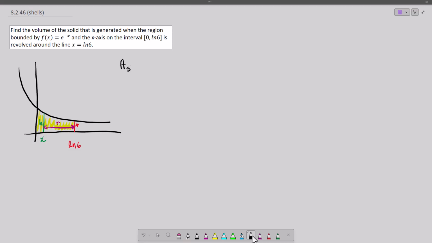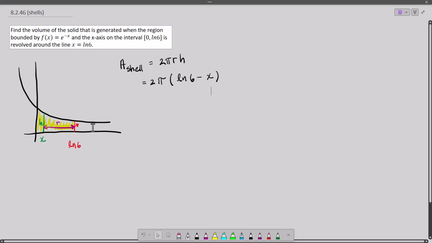So the area of our shell generically is 2 pi r, which is the circumference, times the height. So 2 pi r will be converted into 2 pi times r, which is a horizontal distance. Horizontal distances are found by doing the right minus the left x value.